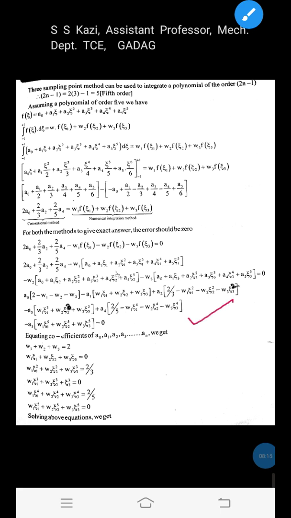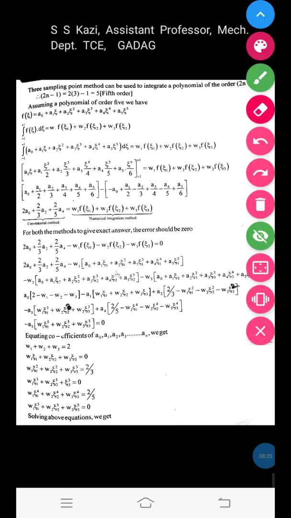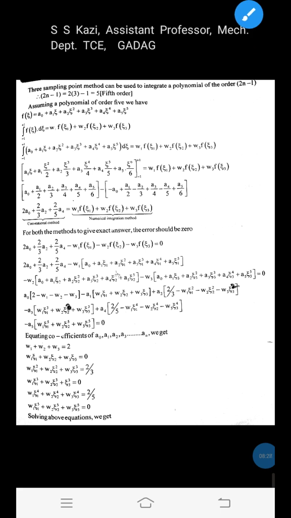After that, equating these coefficients of a0, a1, a2, a3, a4, a5 is equal to 0, we will get, if you write, then only the error is going to be 0. Coefficient of a0 is this one, 2 minus w1 minus w2 minus w3 is equal to 0. It can be written as w1 plus w2 plus w3 is equal to 2.